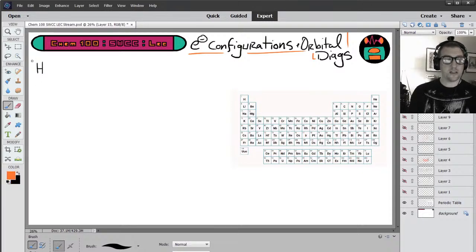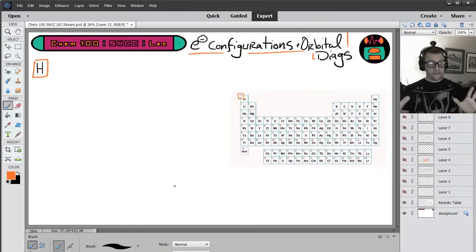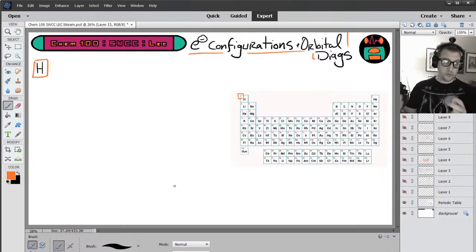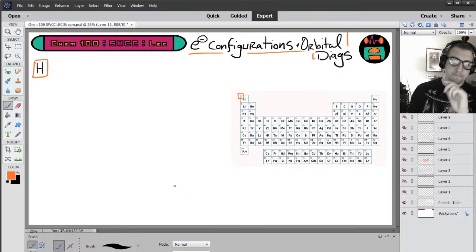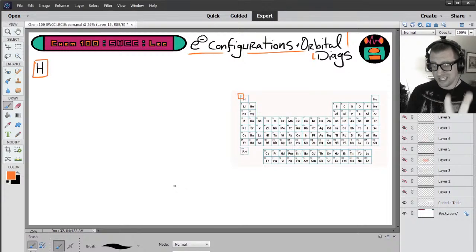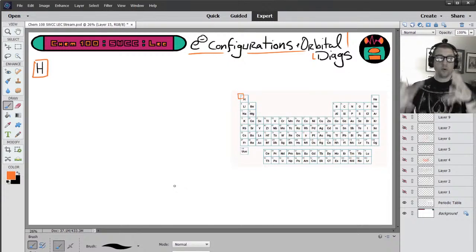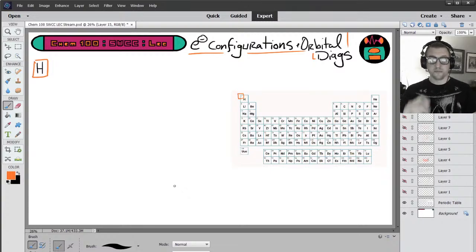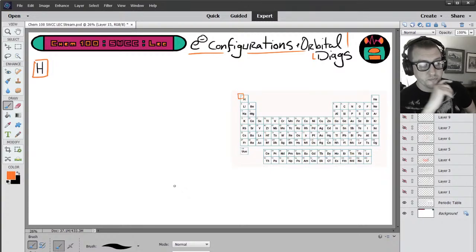Let's write out the electron configuration for hydrogen. Now, you'll notice that hydrogen has one electron. This is where you want to reference that page where I wrote out all the energy levels and the rules, Pauli exclusion, Hund's rule, etc. Given hydrogen has one electron, and our first guiding principle is every single electron wants to occupy the lowest energy orbital possible, where do you think that one electron is going to go?